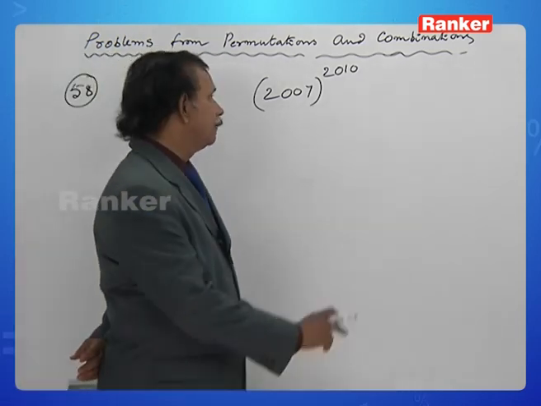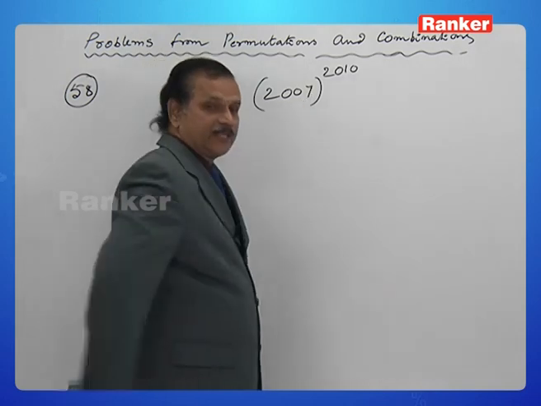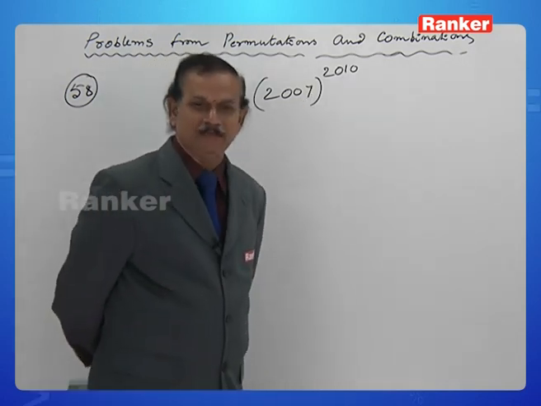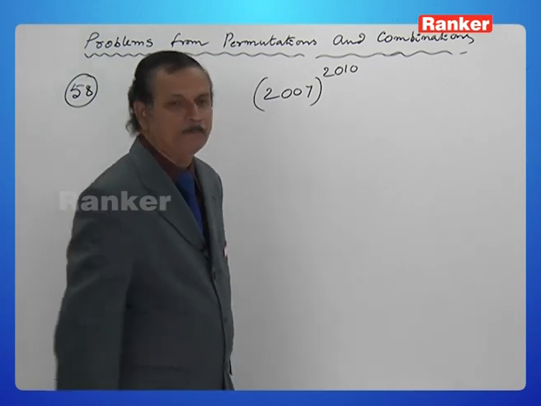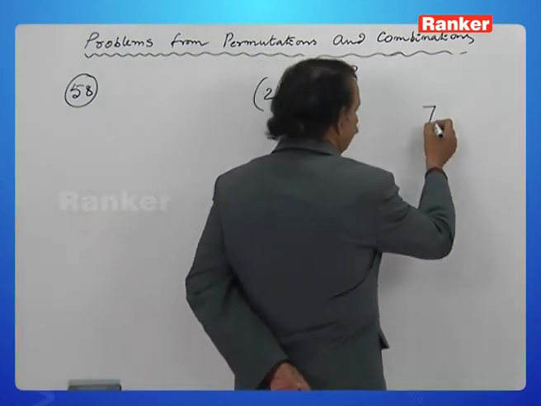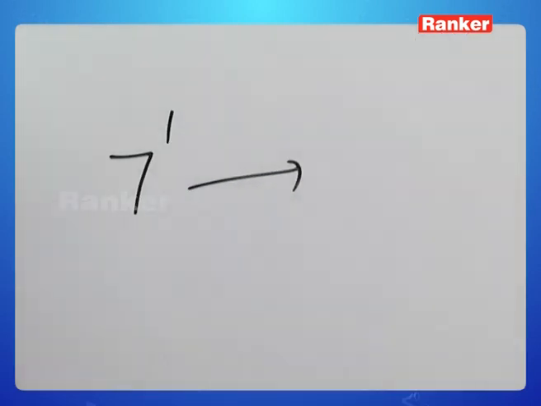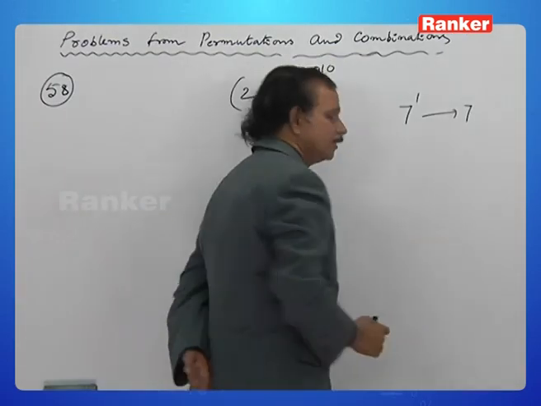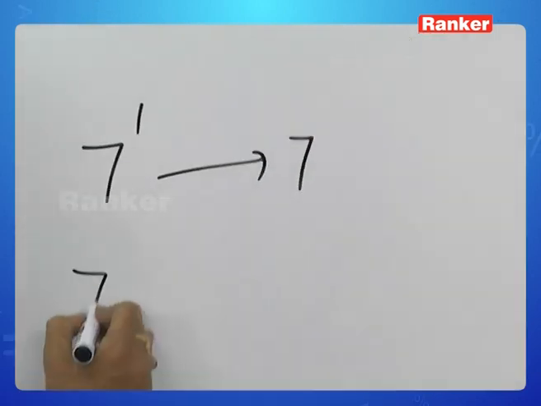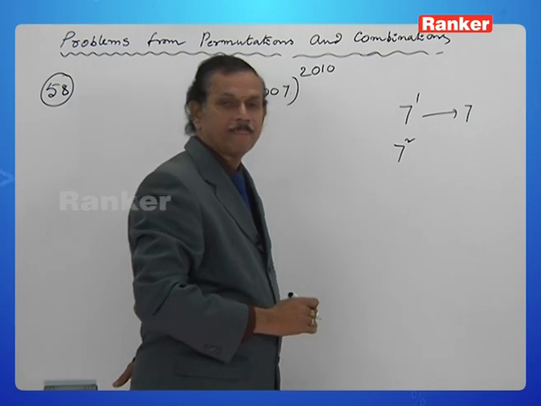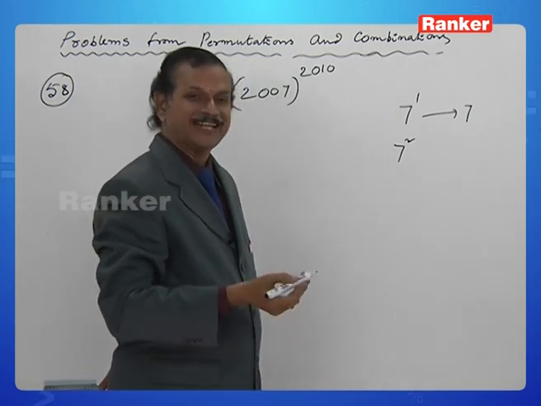You see, what is the digit in the units place? 7. Let us observe the exponents of 7. What is going to happen? 7 power 1 means 7. If 7 square is observed, what is 7 square? 49.